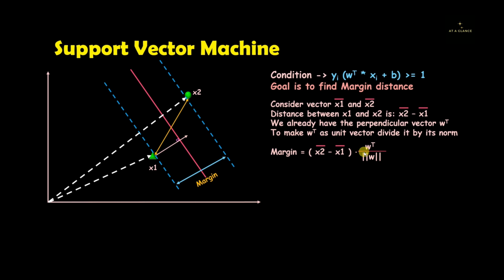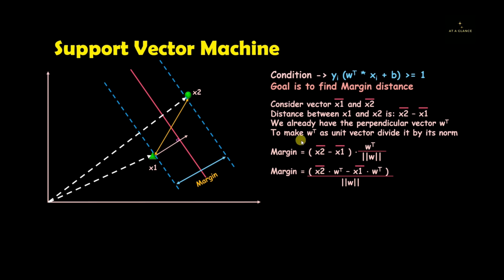Now if we multiply the W transpose term in the numerator to each and every term present inside the bracket, we will get x2 dot product W transpose minus x1 dot product W transpose, the whole divided by the W norm. At this particular point we do not know the dot product of x2 and W transpose, and x1 and W transpose.